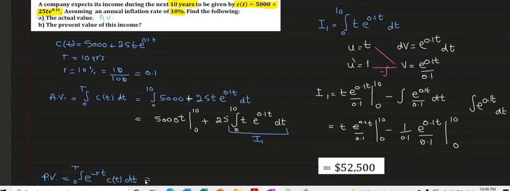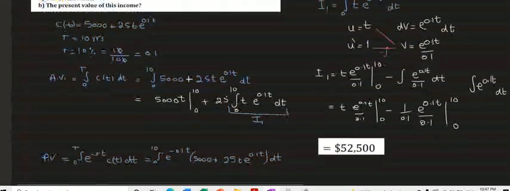By direct substitution, we have the integration from 0, and the capital T is the 10 years, the e to the power of negative, the rate, which is 0.1, times t, this t, the one that's going to be integrated, so we are not substituting it, and then multiplied with the income function, and we put this in between brackets for keeping the sign correct, and this is going to be integrated with respect to t.